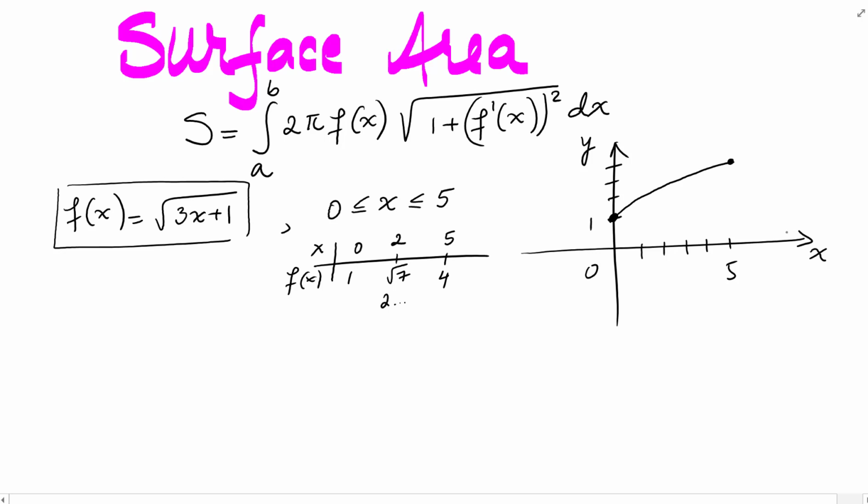Now, if we rotate it about the x-axis, because the formula that I wrote here is for when the function is rotated about the x-axis, the solid is going to look like this.